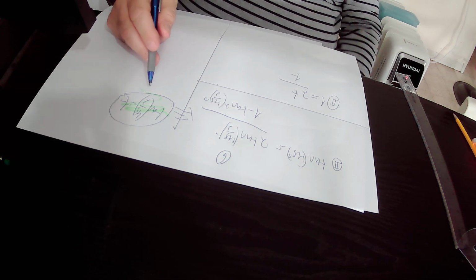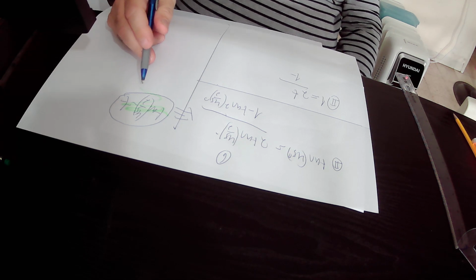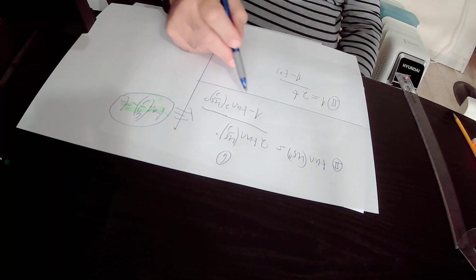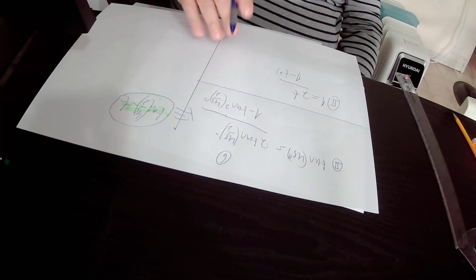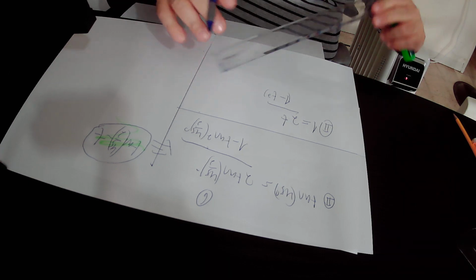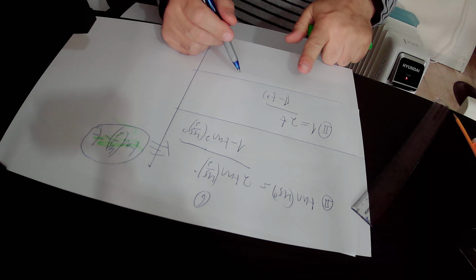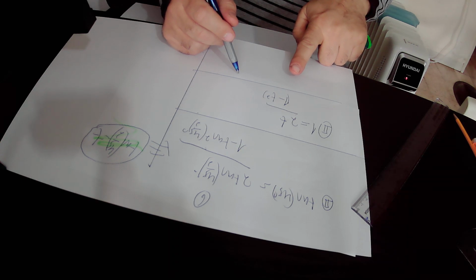If tangent 45 over 2 degrees is t, then tangent square of 45 over 2 degrees is t square. So in the denominator we have 1 minus t square. In conclusion, according to equation number 2, 1 equals 2t over 1 minus t square.